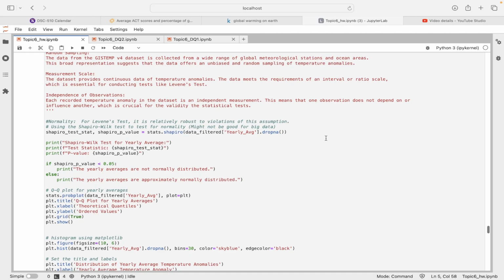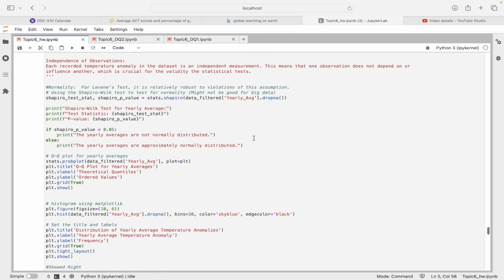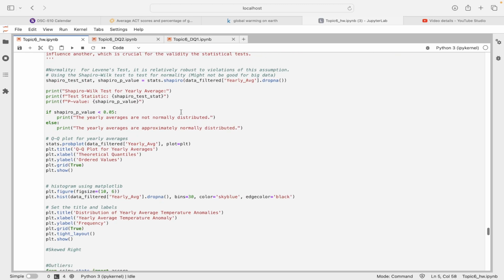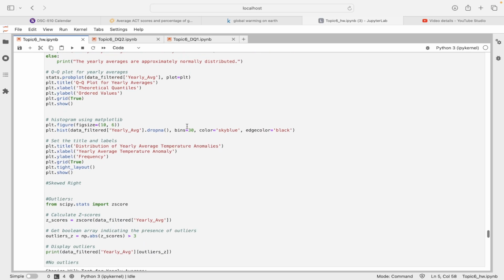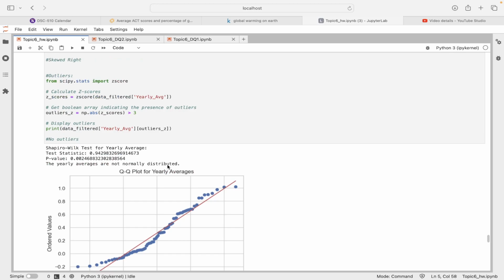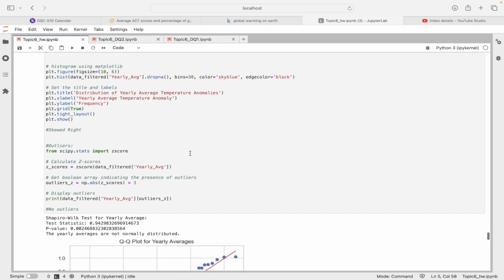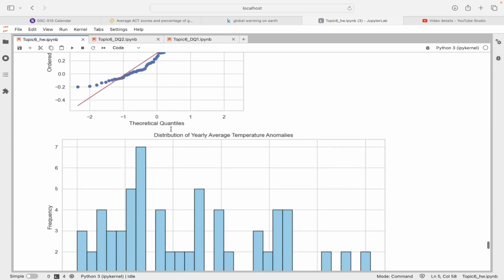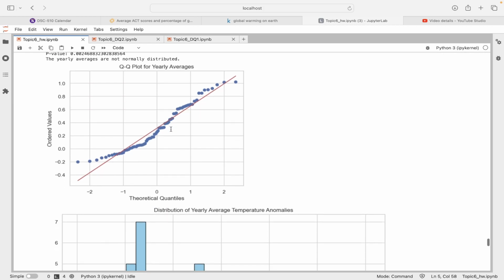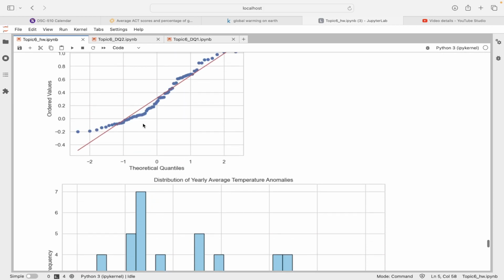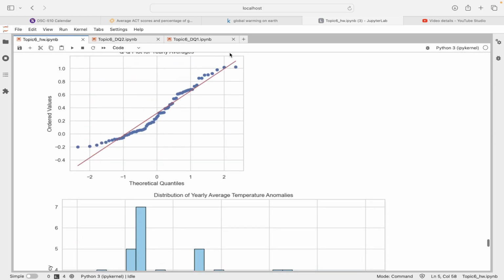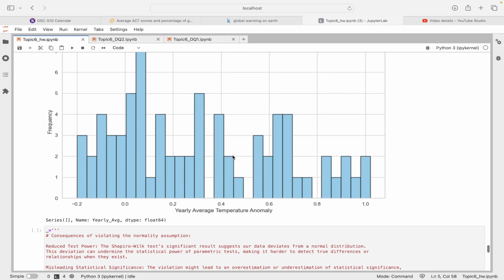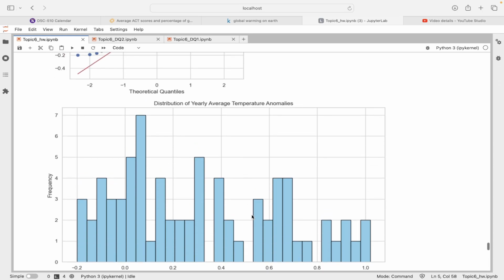Next, we assess the normality. We use a Shapiro-Wilk test for the yearly averages. After running that test, we conclude that the yearly averages deviate from the normal distribution. We create a QQ plot and histogram to further assess this visually. As you can see, we have some tails over here, and it doesn't follow that line as we'd like for a normal distribution.